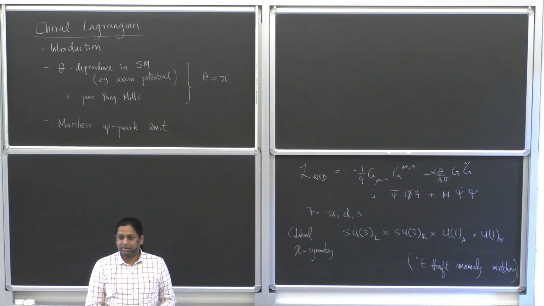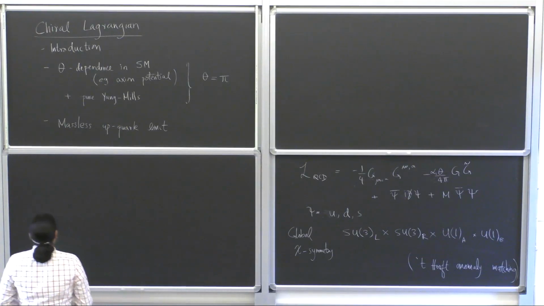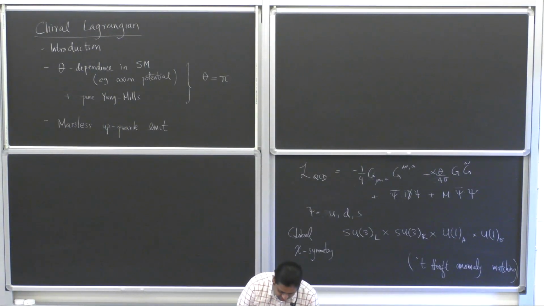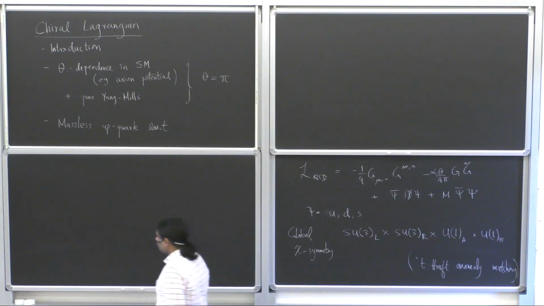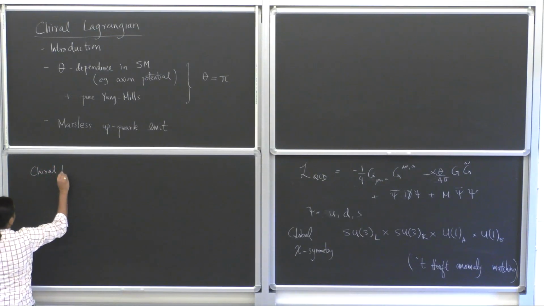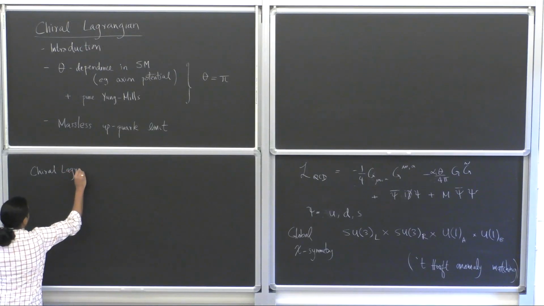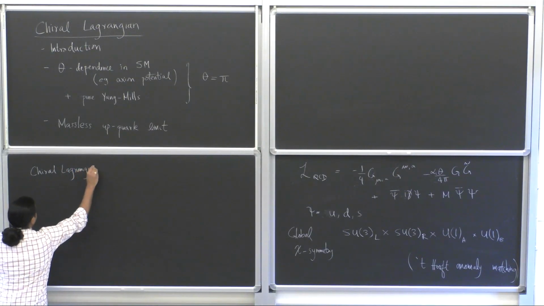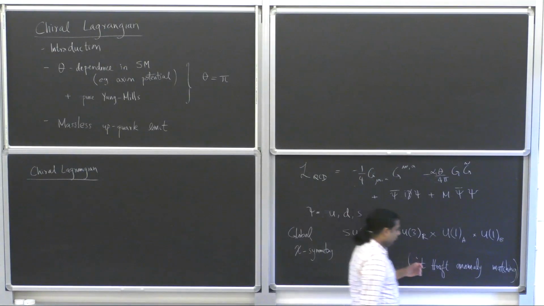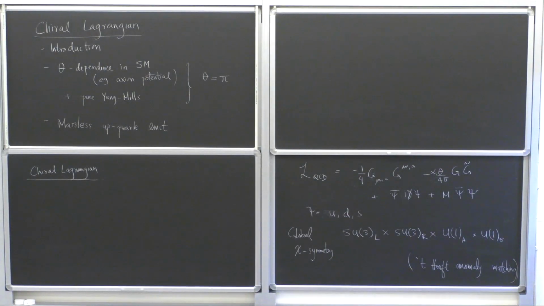Is there a question? No. Okay. So the chiral Lagrangian then describes the low energy physics of QCD. We can deduce using 't Hooft anomaly matching conditions that this chiral symmetry must be spontaneously broken.